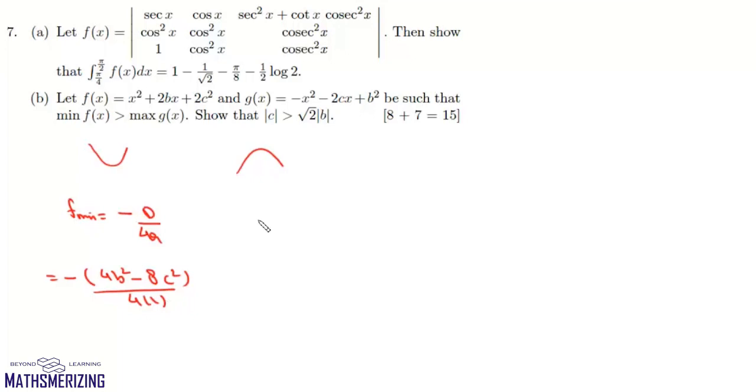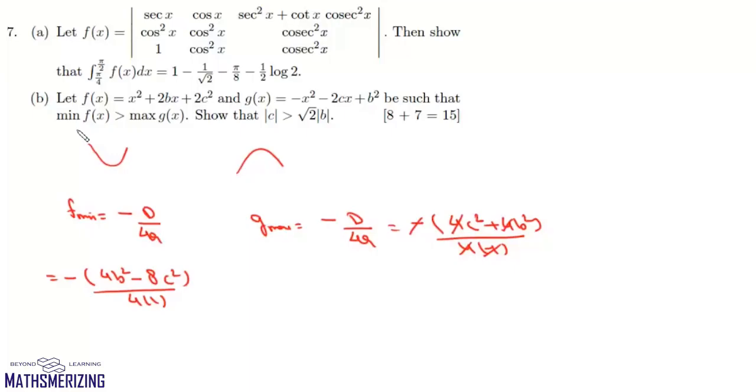And for the second case, g maximum is again minus D upon 4a. So it will be minus, and then D here will be 4c square plus 4b square and 4 into minus 1. So this minus 1 and minus 1 will cancel. This 4 will also cancel.